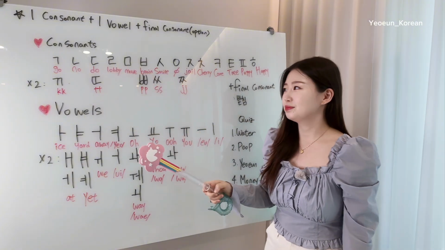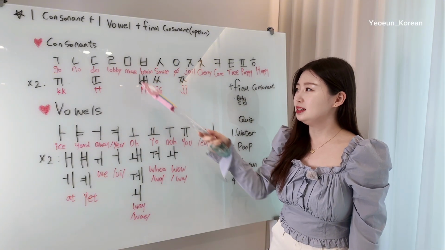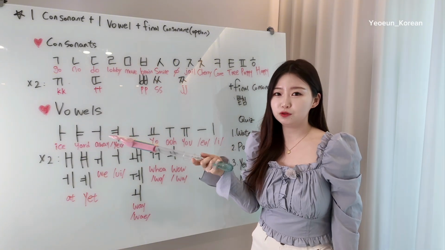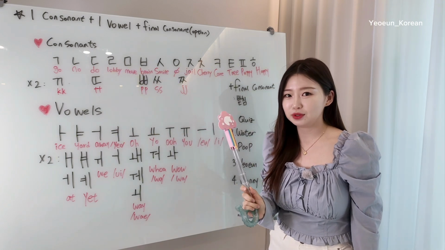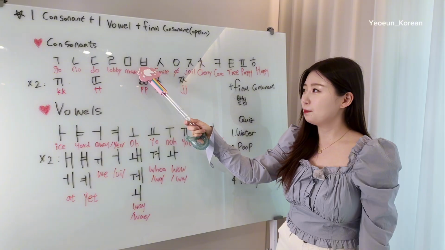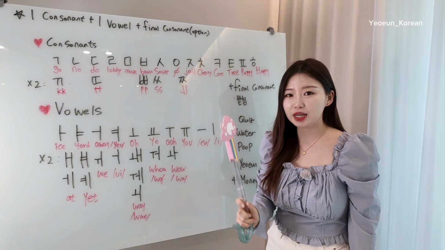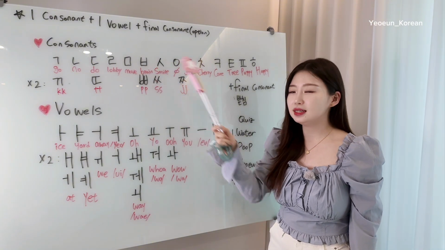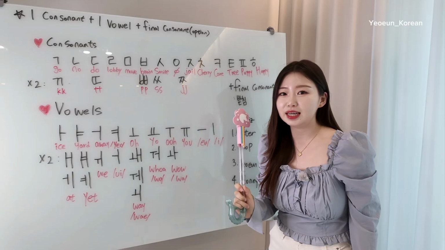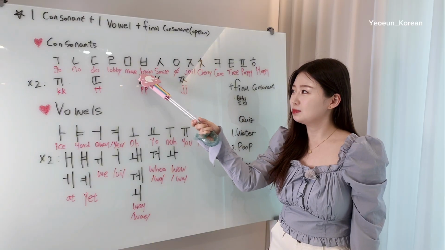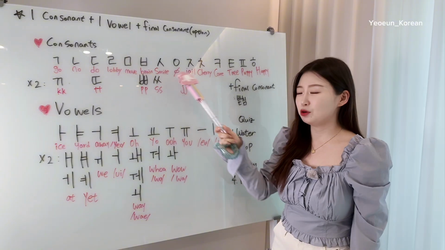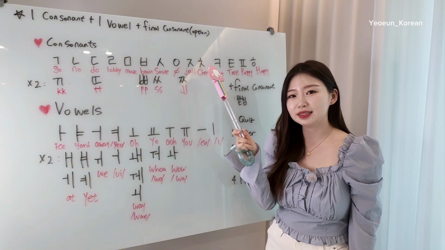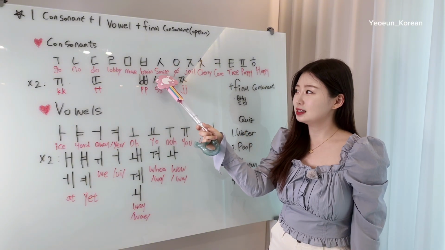Okay, L. And then we have M sound, which is from move. M sound. And then we have B sound, which is brain, B sound. It's not V, it's B sound. And then we have S sound, which is like smile sound, S sound.